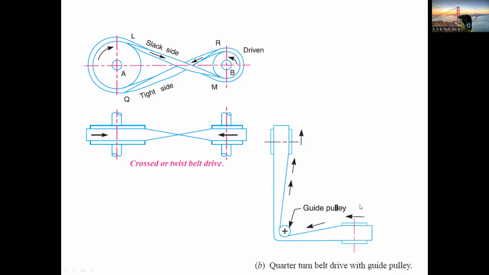Here, the driving pulley is rotating clockwise and the driven pulley is rotating in an anti-clockwise direction. If this is the requirement, then we have to place the cross belt over the pulleys. We have to go for the cross belt drive arrangement.